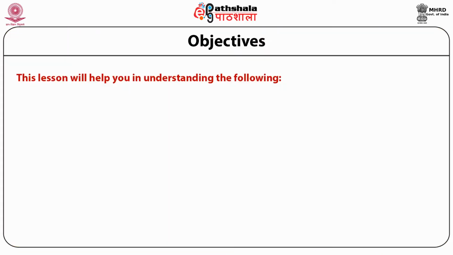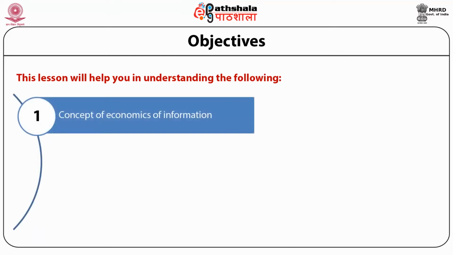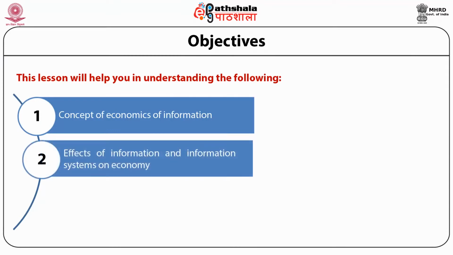If you are wondering how this lesson will be useful to you, well, I plan to cover 6 objectives through this presentation. One, you will be able to understand clearly the concept of economics of information. Then the effects of information and information systems on economy.